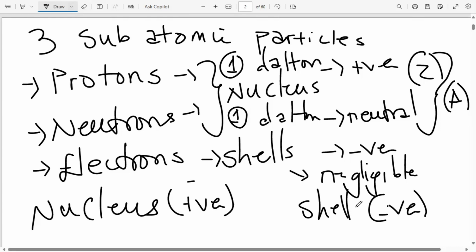And also, since the electrons are the ones found in the energy levels, they are responsible for taking part in chemical bonding or chemical reactions. So those are very important concepts that you'd love to know in this topic of atomic theory.